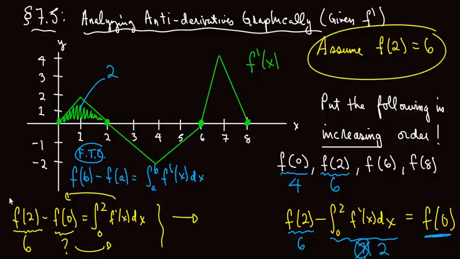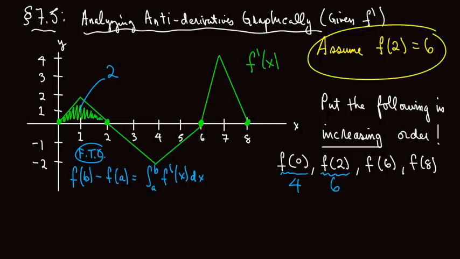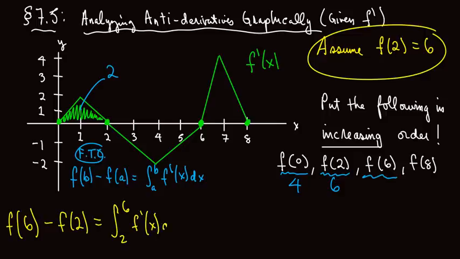So let's give ourselves some room here. Move that down. Let's do the same exact thing for f of 6. We know that by the fundamental theorem of calculus, f of 6 minus f of 2 is equal to the integral from 2 to 6 of f prime of x dx.